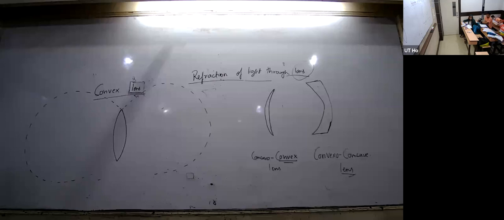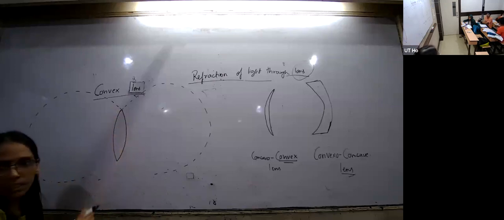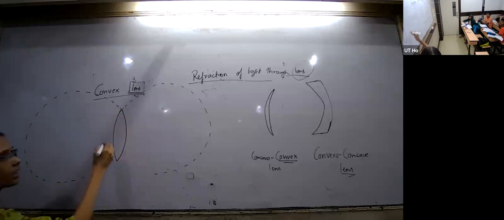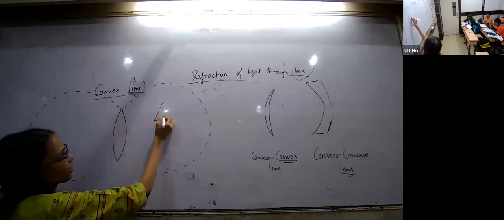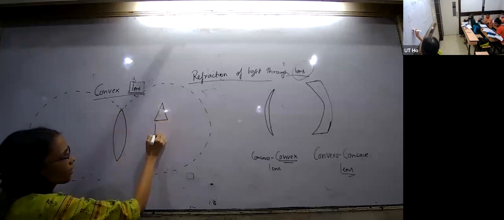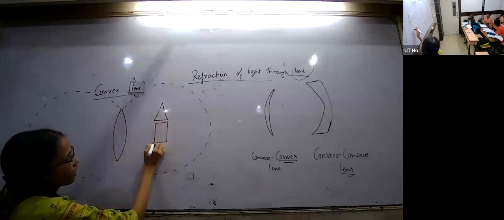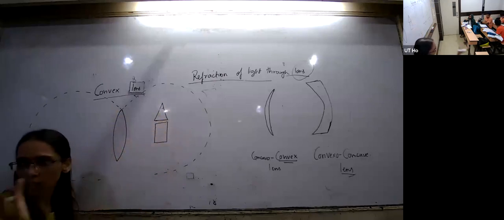The thing is, you look at this diagram. If you break it into a simpler structure, as your textbook has given, it can look like this: a prism and a glass slab and another prism. This is the rectangular glass slab that we have studied.